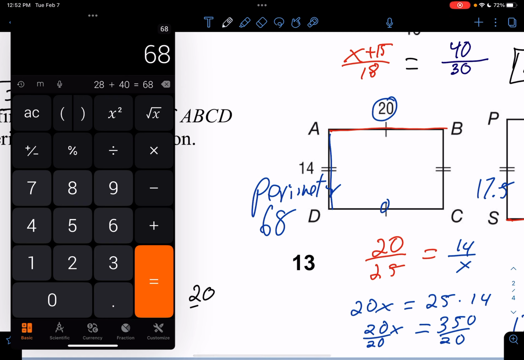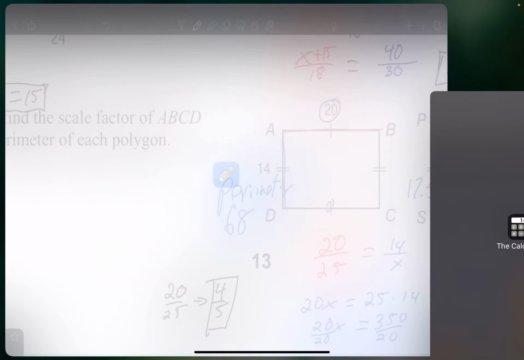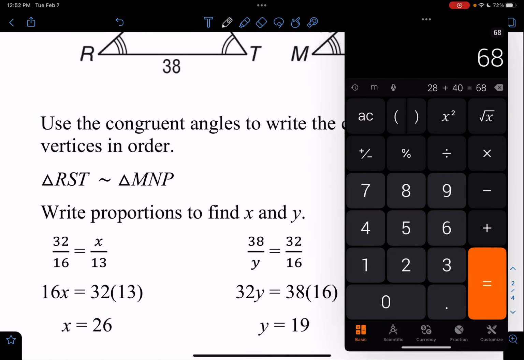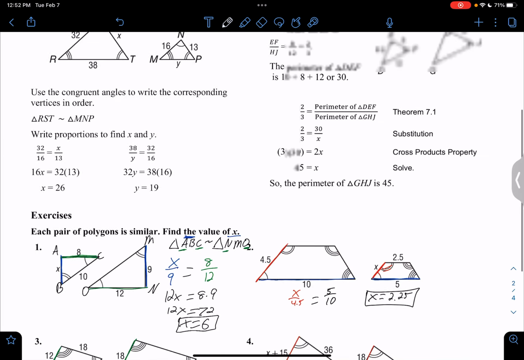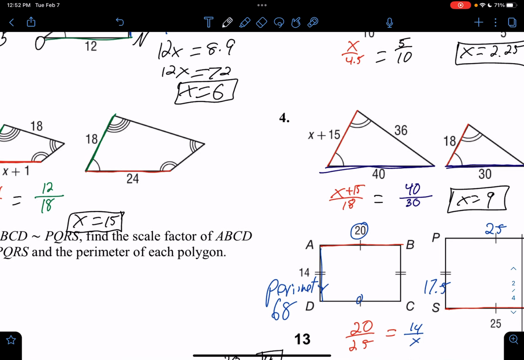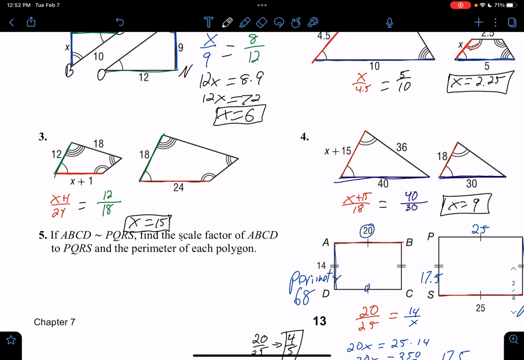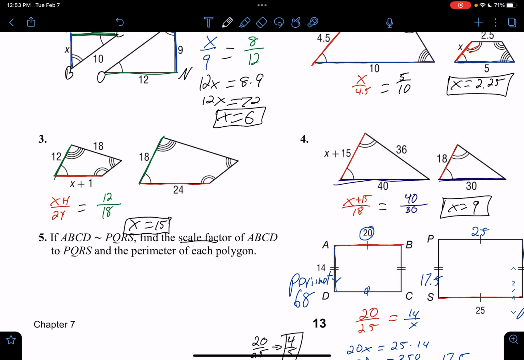Well, 20 over 25 can be simplified to just 4 over 5. So when I've been asked what is the scale factor, the scale factor is 4 over 5. And that's it. Now do your practice problems.